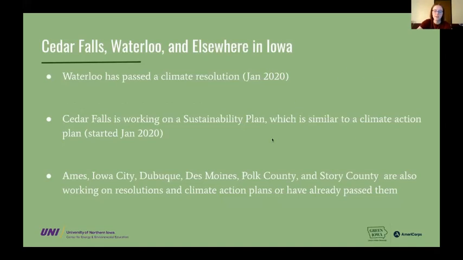Cedar Falls is also working on a sustainability plan that they started in January of 2020. And this is pretty similar to a climate action plan. Ames, Iowa City, Dubuque, Des Moines, Polk County, and Story County are some other places in Iowa that have already or are currently working on greenhouse gas inventories, resolutions, and climate action plans.